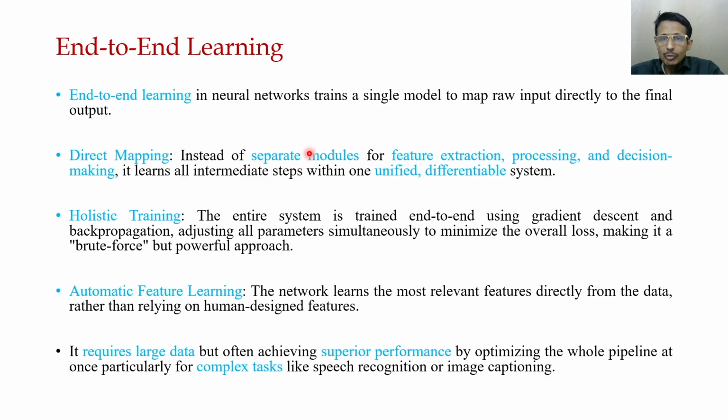Instead of separate modules for feature extraction, processing, and decision making and inference, it learns the intermediate steps within one unified and differentiable system. Most of the cases, the activation function in this feed-forward network, these equations are different. And it's unified, so one structure.